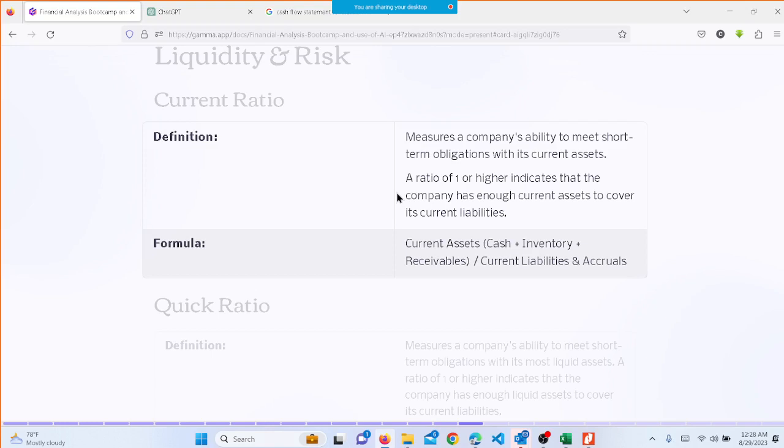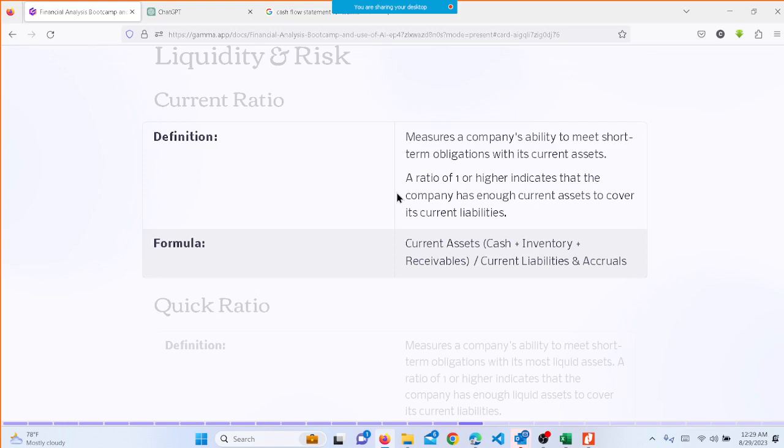If the current ratio is less than 2, it means the total assets, cash, inventory, receivables, should be twice as much as the current liabilities. If it's less than that, the company will be deemed risky, meaning risky in meeting its short-term obligations.